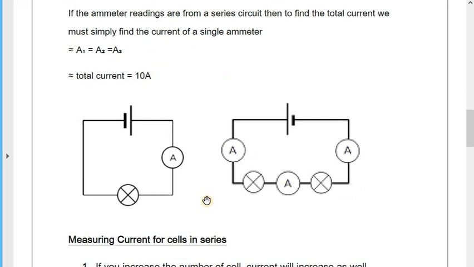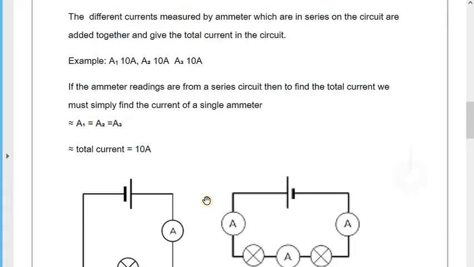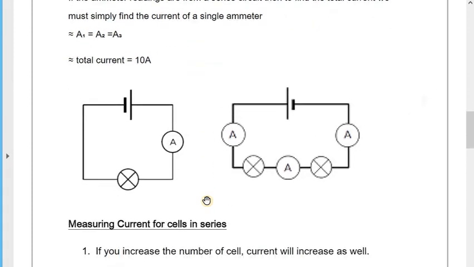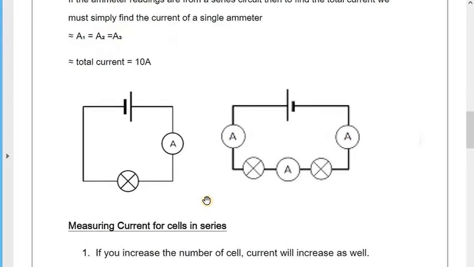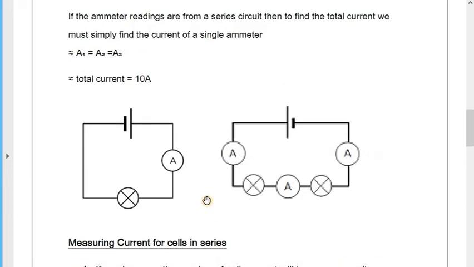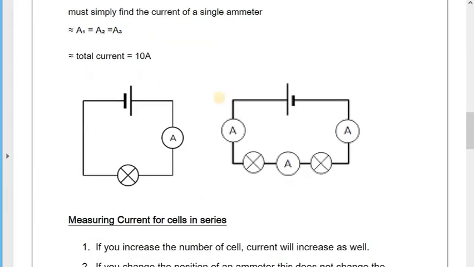I hope you understand this, guys. When ammeters are connected in series, the current is the same. So if A1 is 10 amperes, that means A2 is also 10 amperes, and A3 will also have a reading of 10 amperes, because the current is the same for ammeters that are in series. So whenever you're given a series circuit, the current is going to be the same throughout the circuit.